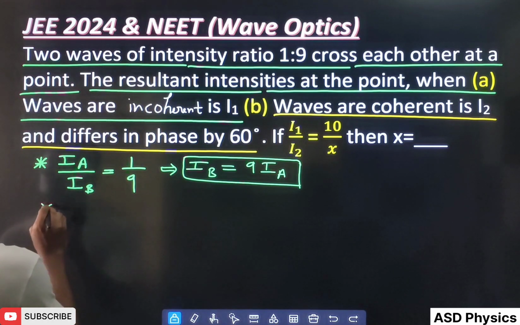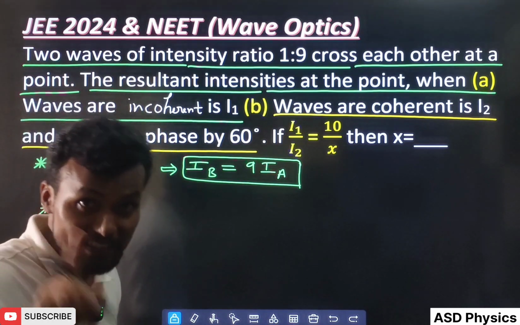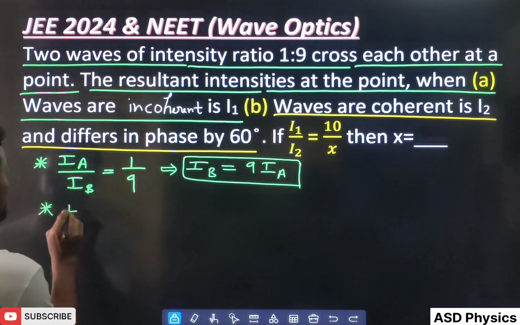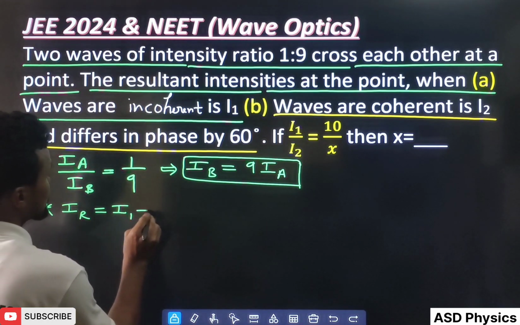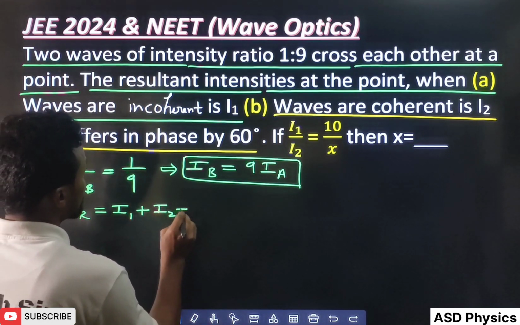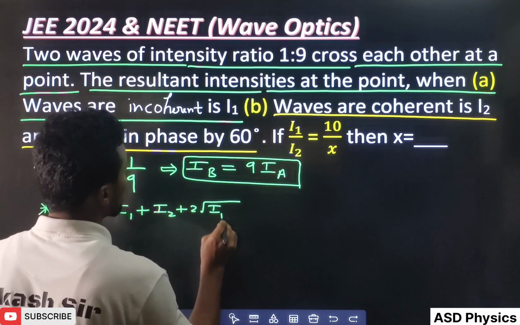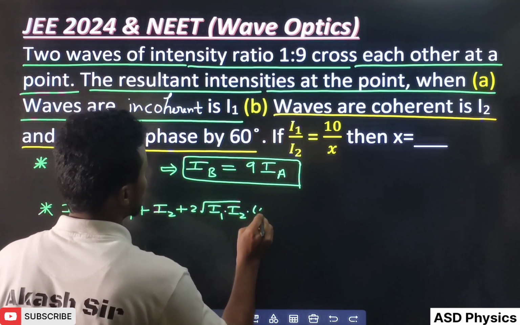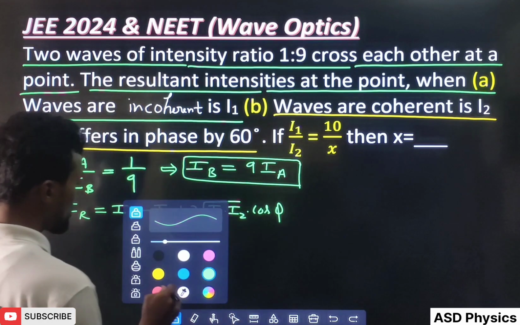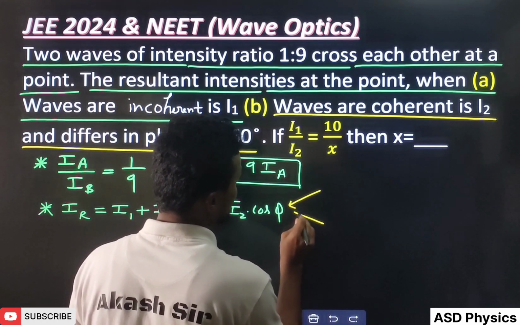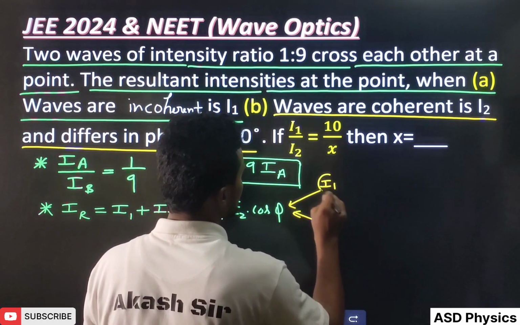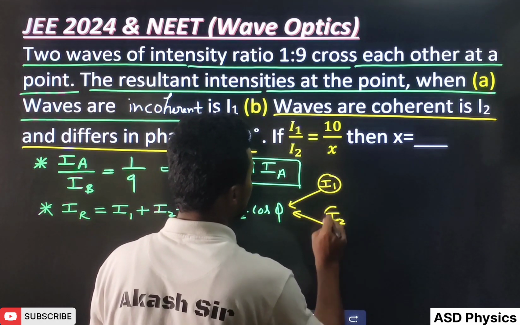Second, remember the resultant intensity formula: IR equals I1 plus I2 plus 2 root I1 I2 cos phi. In this formula there are two waves, one with intensity I1 and the second with intensity I2.